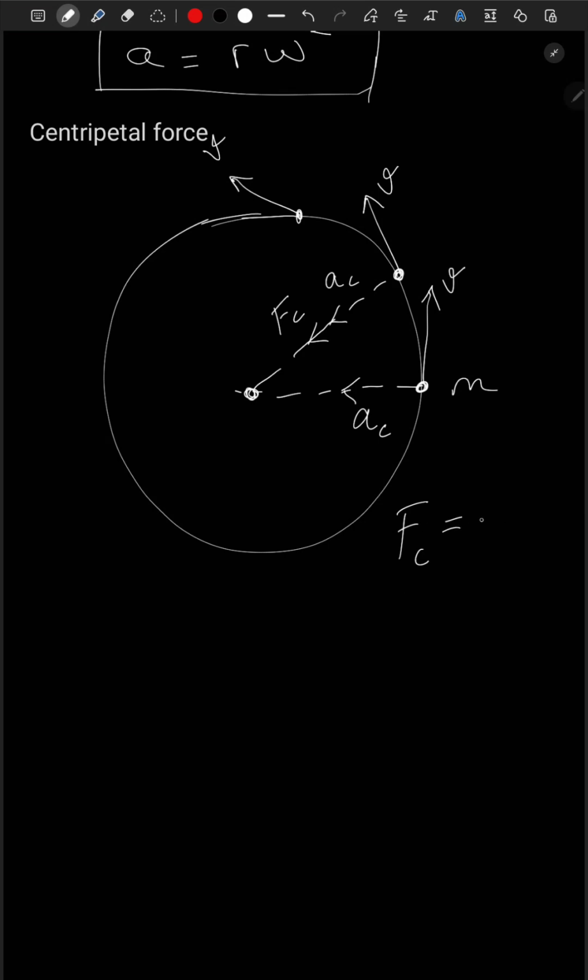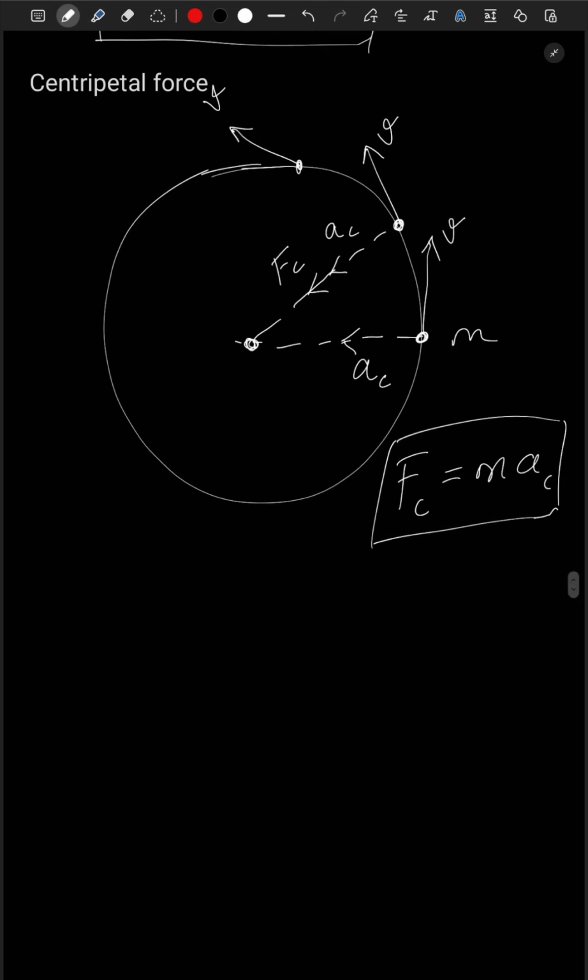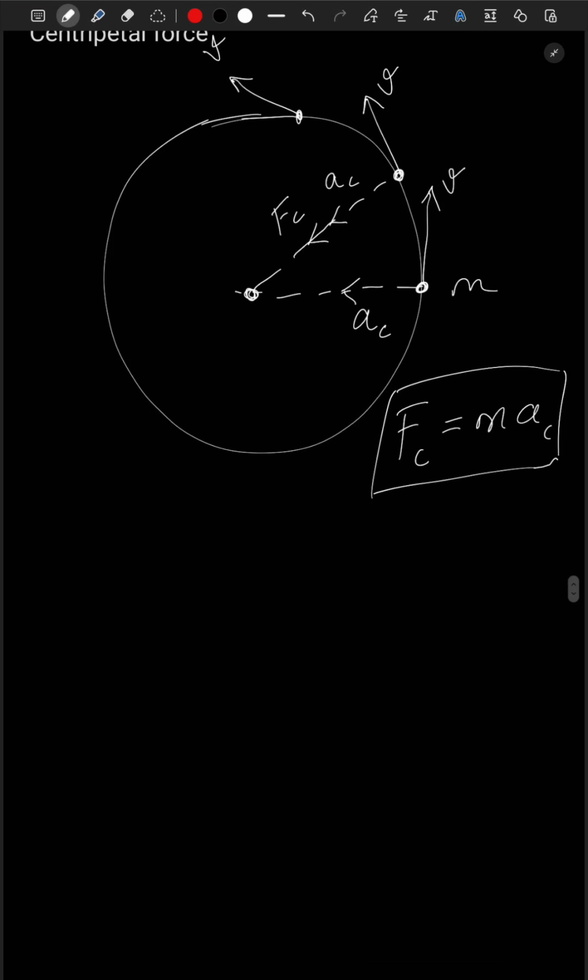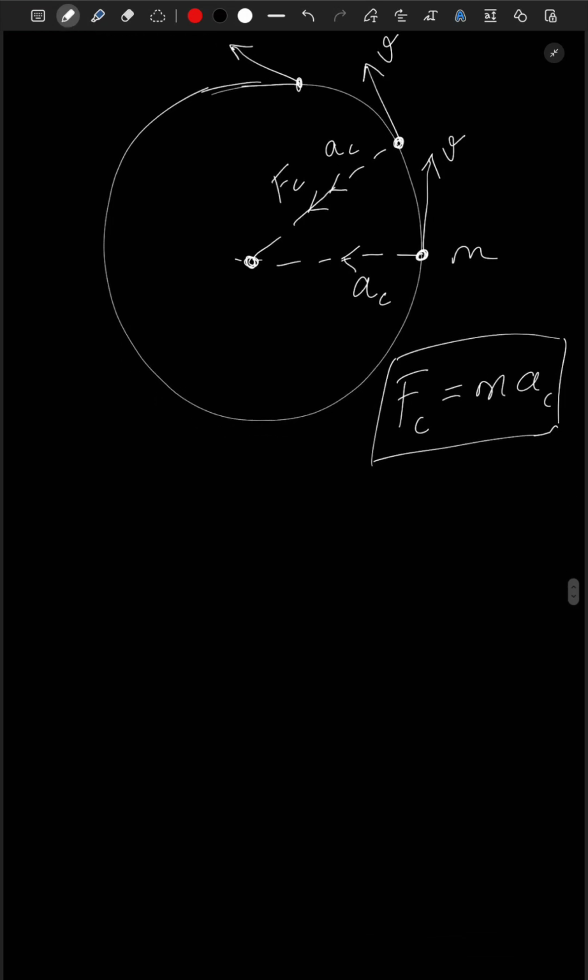And it is given by Newton's second law, which says that the force is the mass times the acceleration. And in this case, the acceleration is a centripetal acceleration. So both are directed towards the center of a circle, as you can see.